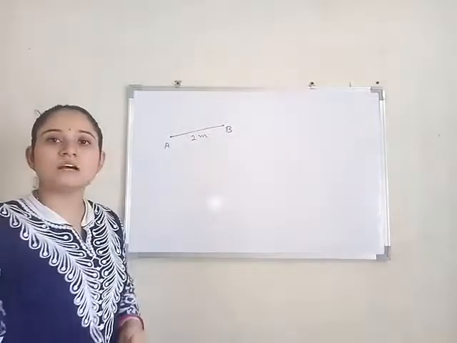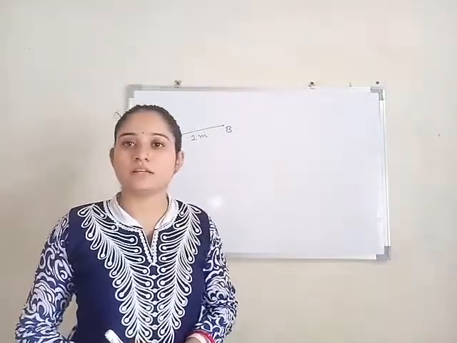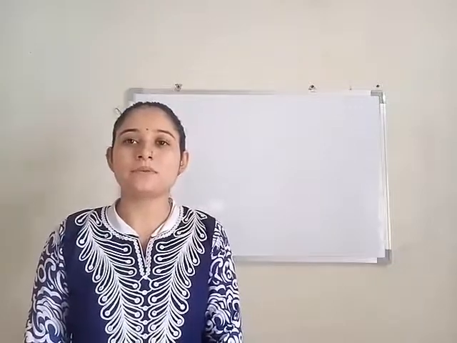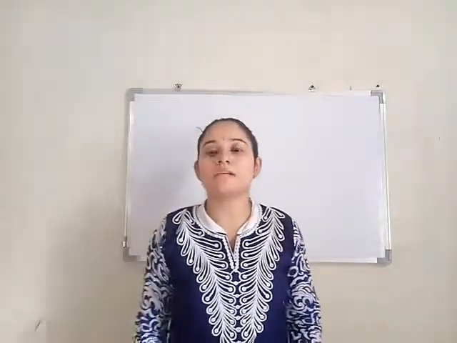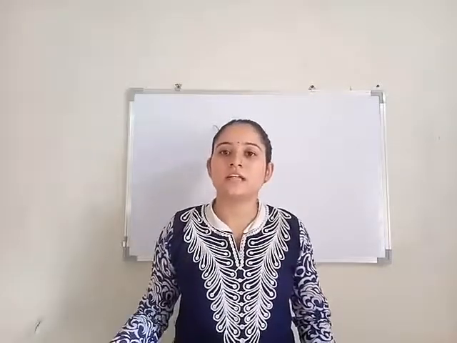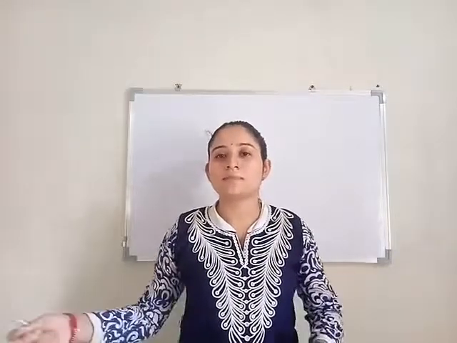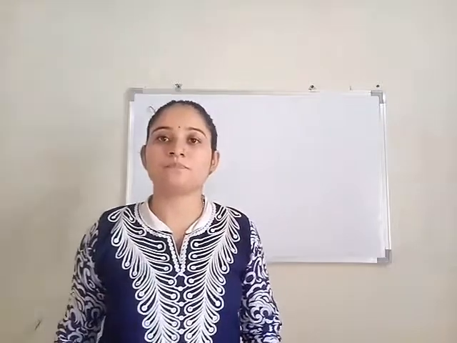So this is a scalar quantity. Some examples of scalar quantities are the distance between 2 points, mass of an object, temperature of a body, or a specific event at a specific time.